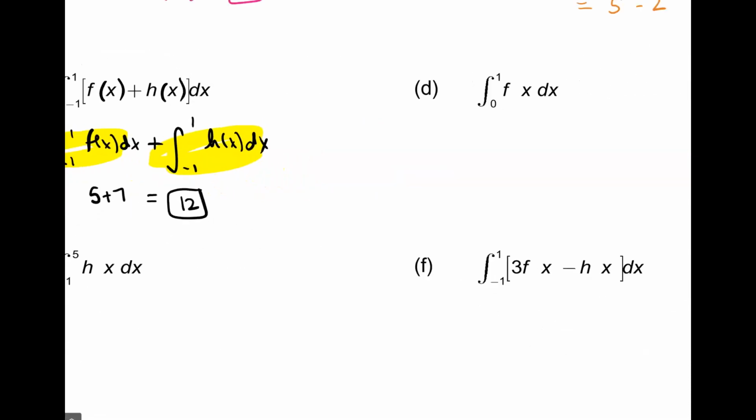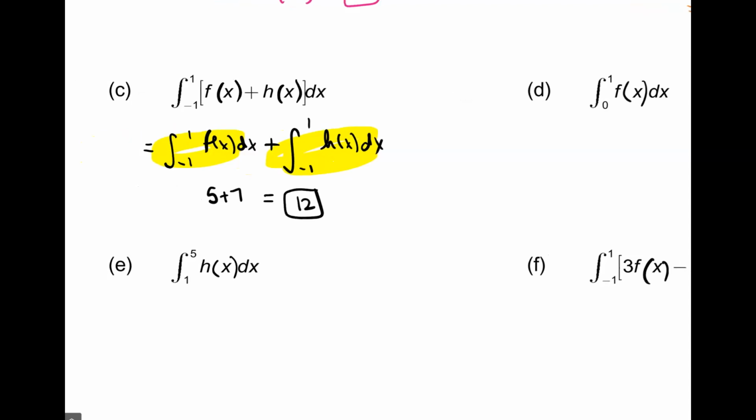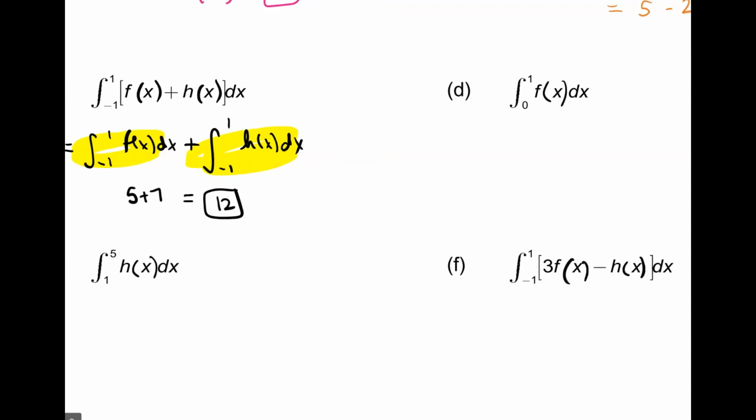What about D? Trying to take the integral from 0 to 1 of my first function. Well, I know what the integral would be from negative 1 to 1, but I don't know from 0 to 1. There's not enough info.